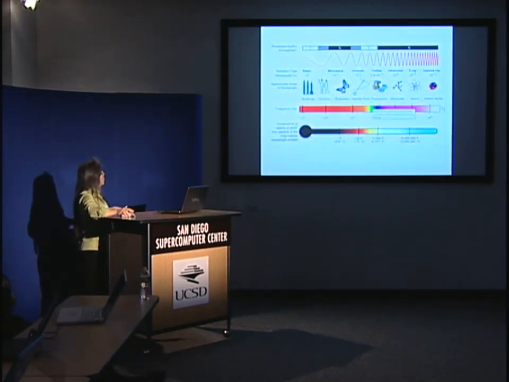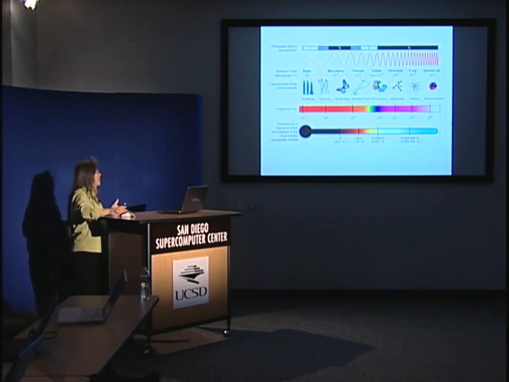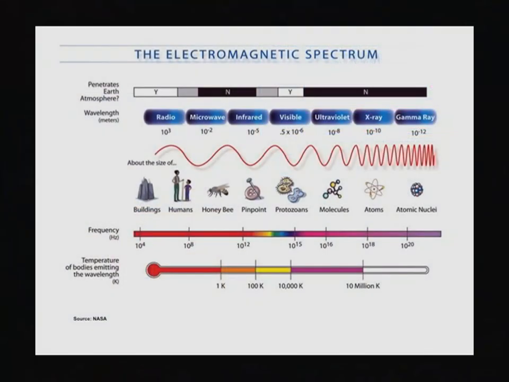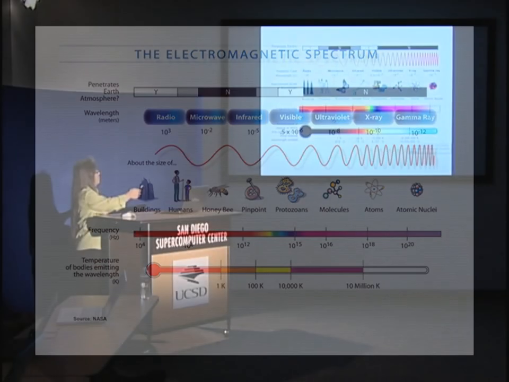Now first, what are the kinds of electromagnetic radiation? This is a typical diagram, a NASA kind of diagram, and it's kind of nice. It shows the difference between different kinds of electromagnetic radiation that we know.